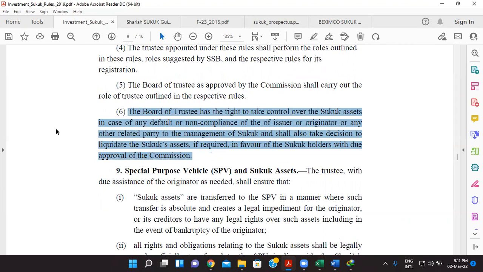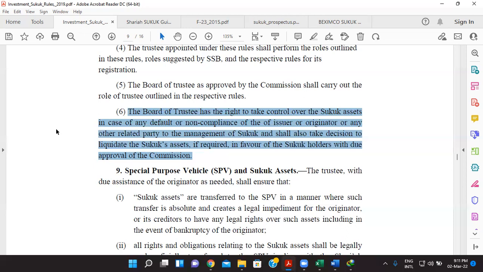This is the main purpose, that is why the SPV is a separate entity from the originator. SPV or the Board of Trustee has the right to take control over the sukuk assets in case of any default or non-compliance of the issuer or the originator or any other related party to the management of sukuk, and also shall take decision to liquidate the sukuk asset if required in favor of the sukuk holders with due approval of the Commission.